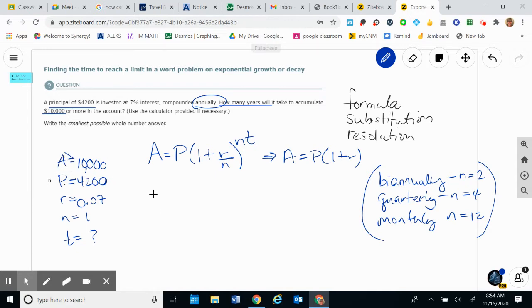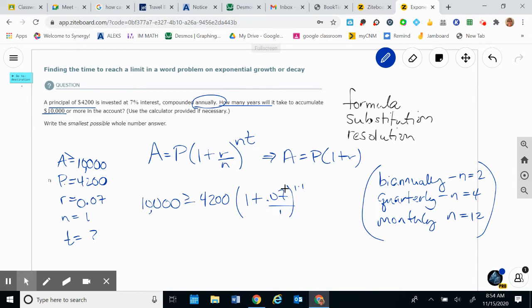So here we go. We're going to go 10,000 is greater than or equal to 4,200 times 1 plus R, which is 0.07 over 1, if you will, to the 1 times 1. You can see how it simplifies.